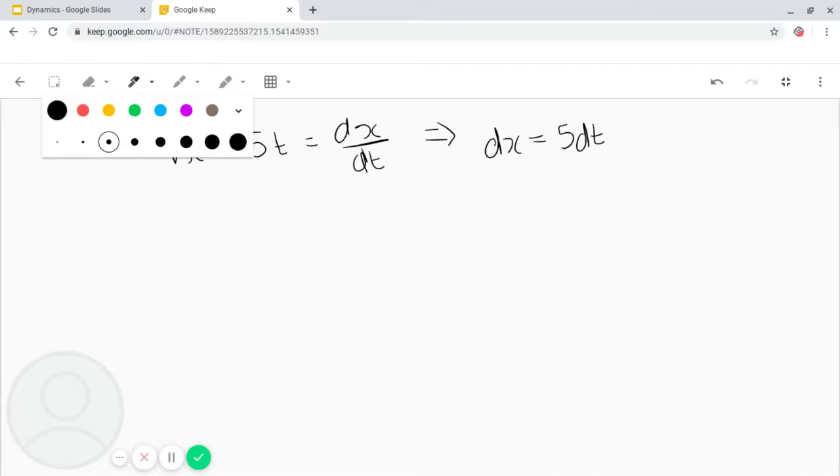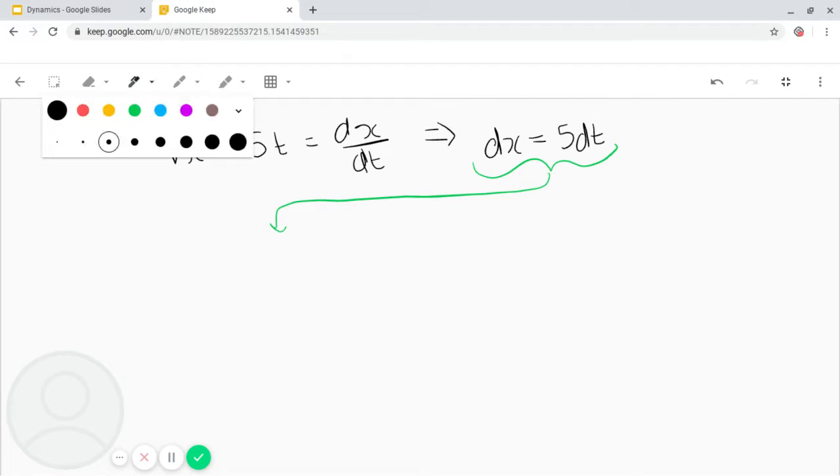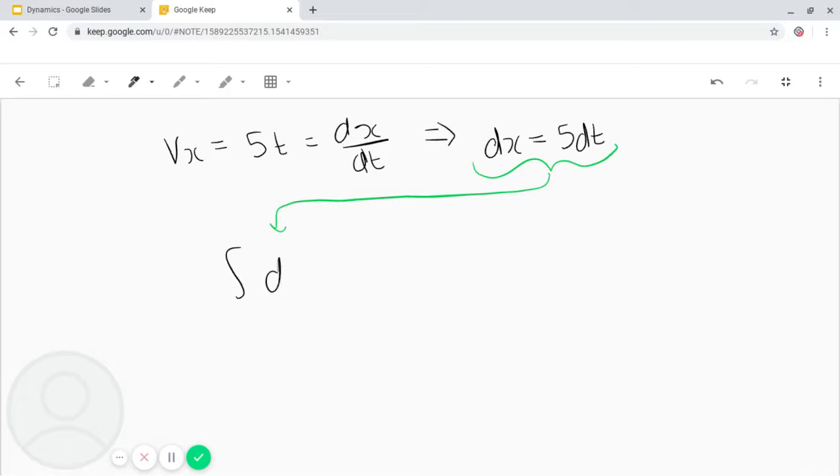So we have the integral of dx up to an unknown x from 0.